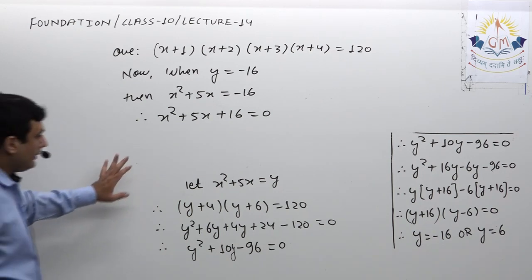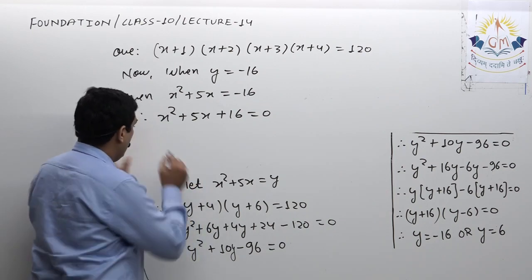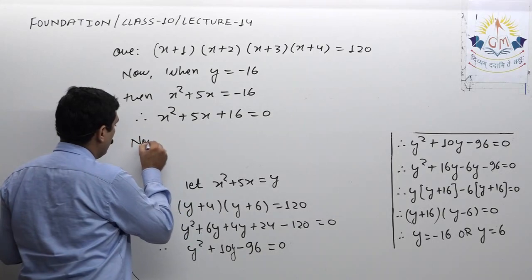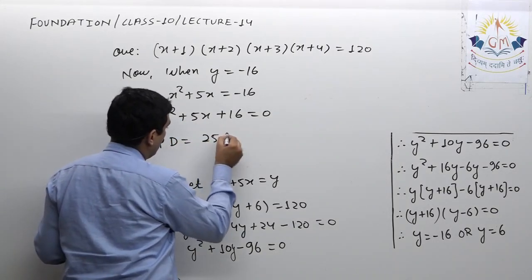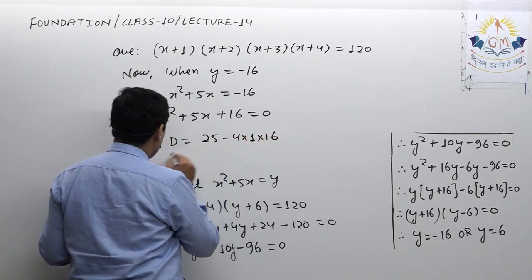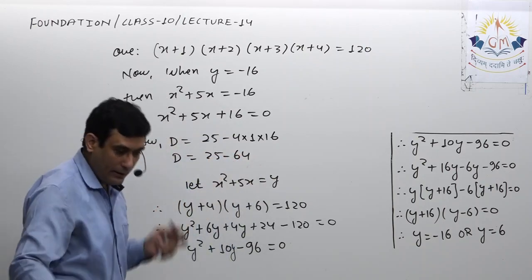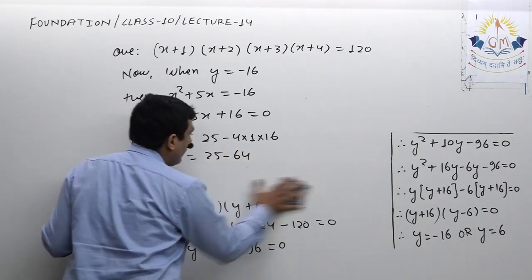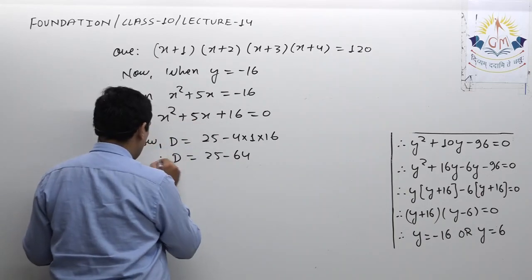Okay, so if you solve it further, if you find D for this, now D for this is b square, that is this, minus 4 into a into c. Here D is 25 minus 64, that means for xy equal to minus 16 we won't get any value of x.